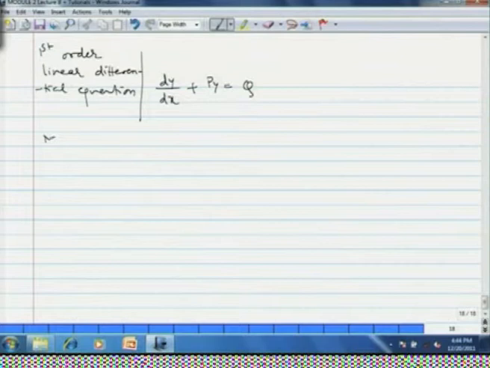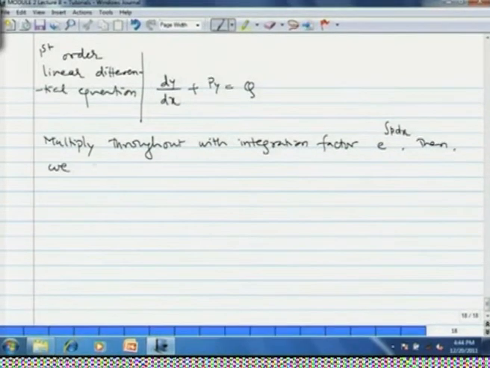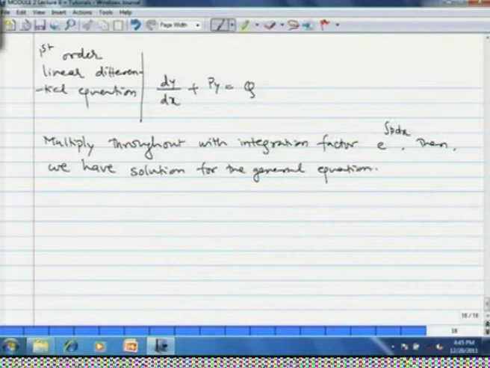Now, what we do is that we multiply throughout with the integrating factor e to the power integral p dx, and then we have a solution for the above general equation as y into e to the power integral p dx is equal to integral q into e to the power integral p dx into dx plus constant.